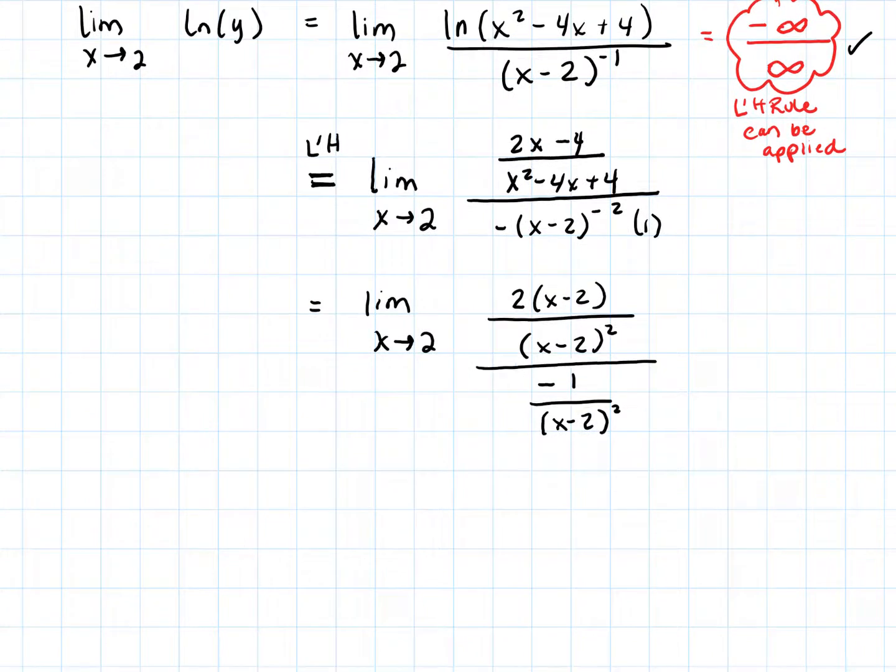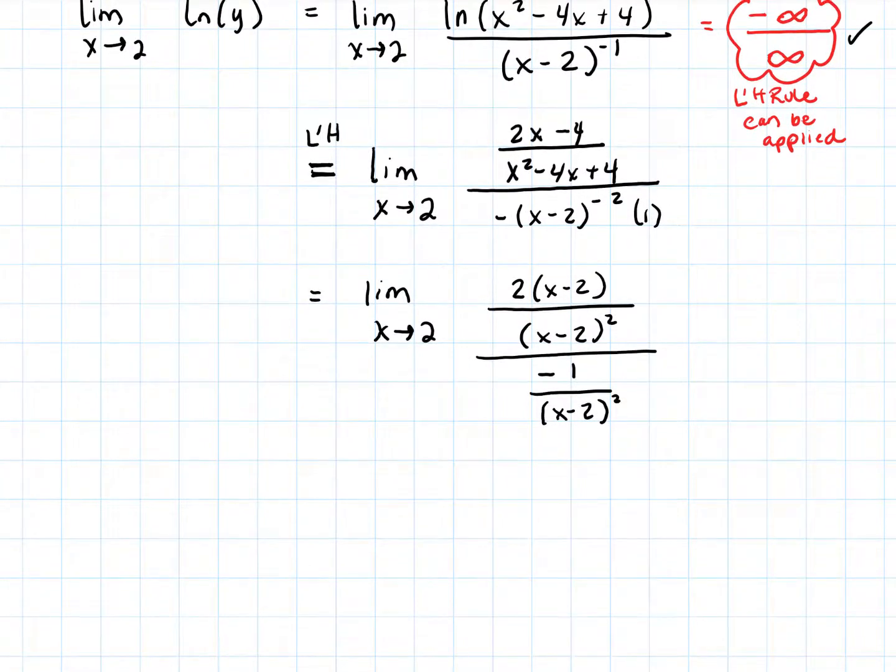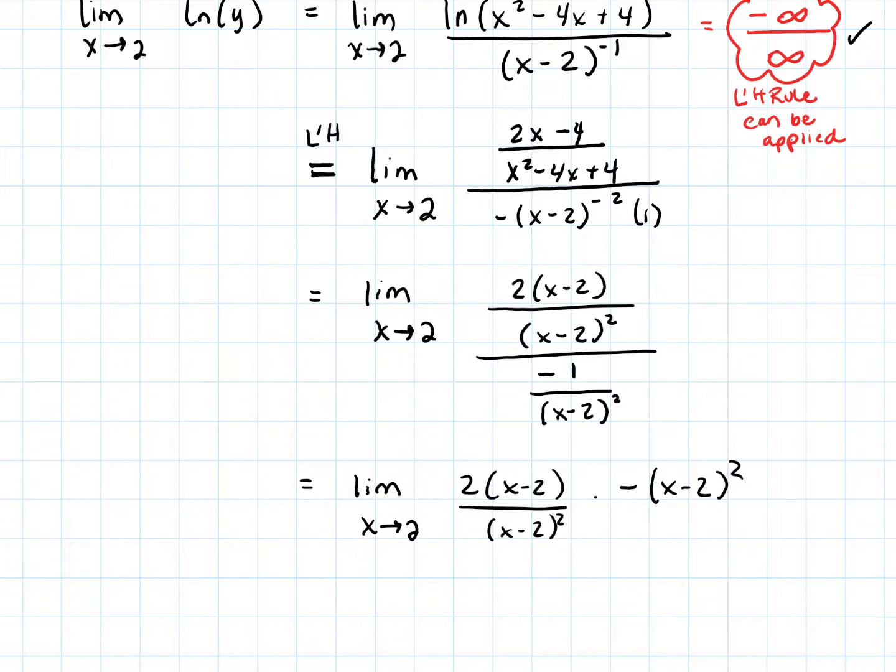Now I've got that crazy compound fraction, so let's get that simplified. So this is the limit as x approaches 2 of 2 times x minus 2 over x minus 2 squared times a negative x minus 2 squared over 1. And conveniently, look at all of this reduction.